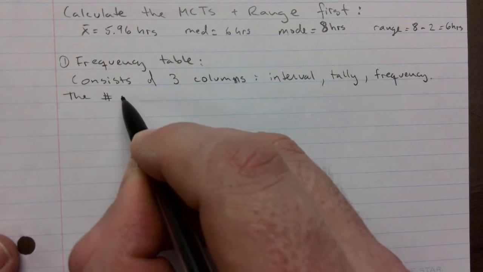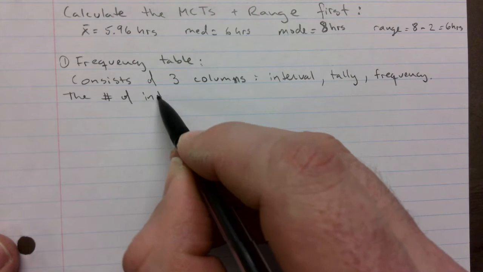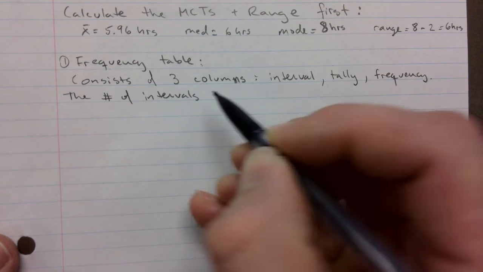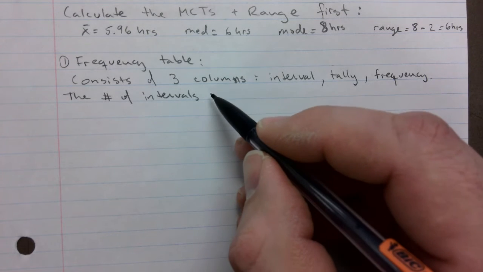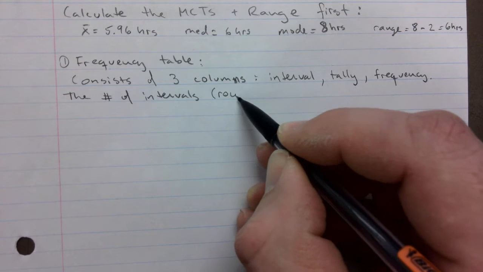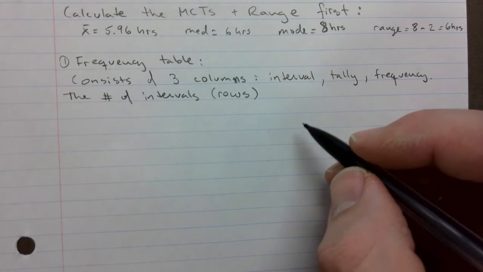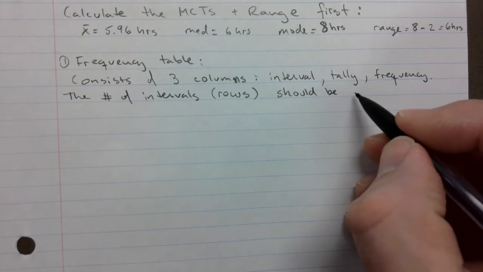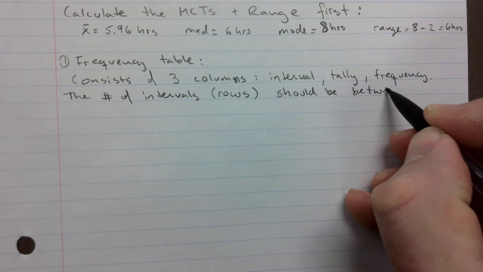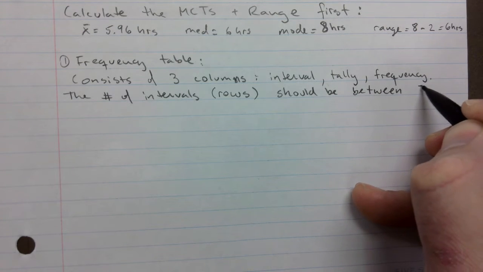The number of intervals, I would call them rows, right? should be between 5 and 12.